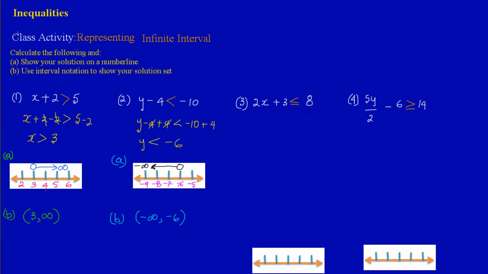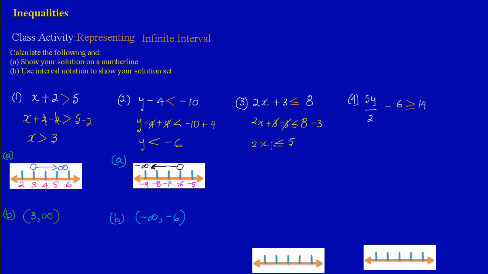Now again, we are going to manipulate this inequality by saying 2x plus 3, and I'm going to subtract 3 from both sides. It's less than or equal to 8 minus 3. I know that a positive 3 will cancel out with a negative 3, so really I'm left with 2x is less than or equal to 8 minus 3, which will leave me with 5.